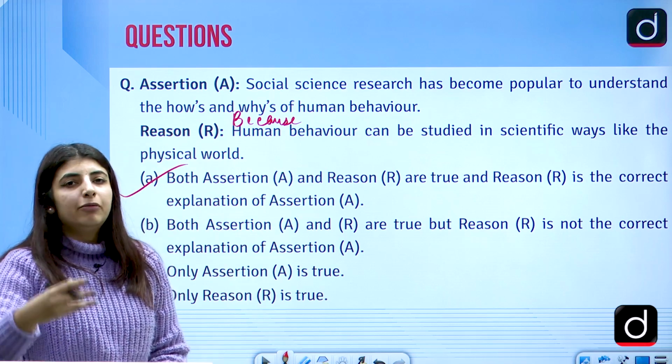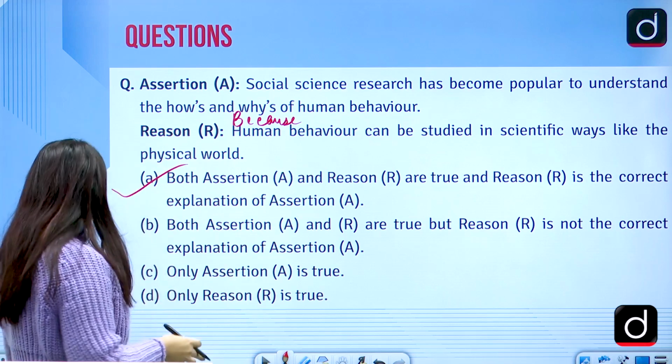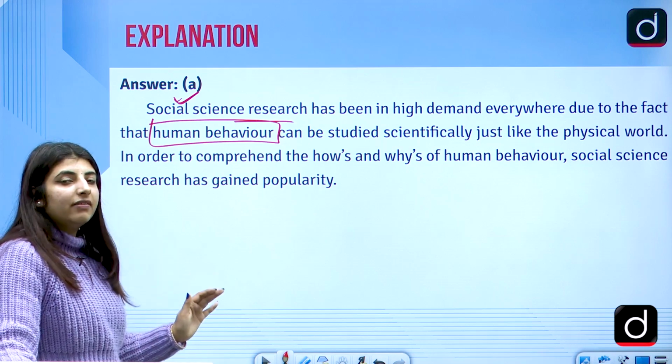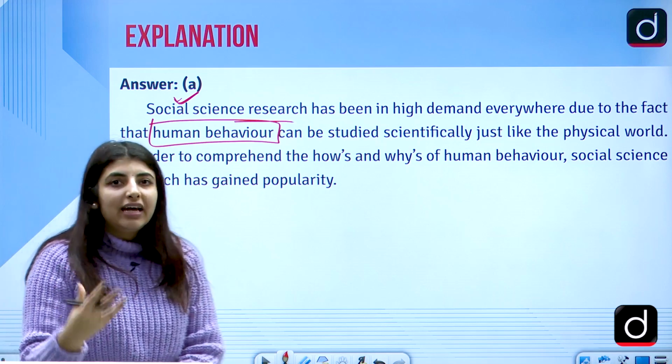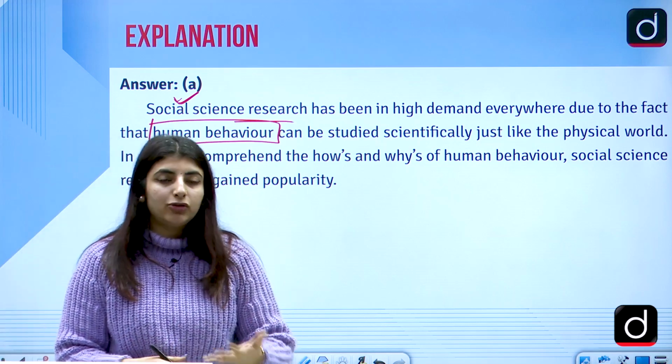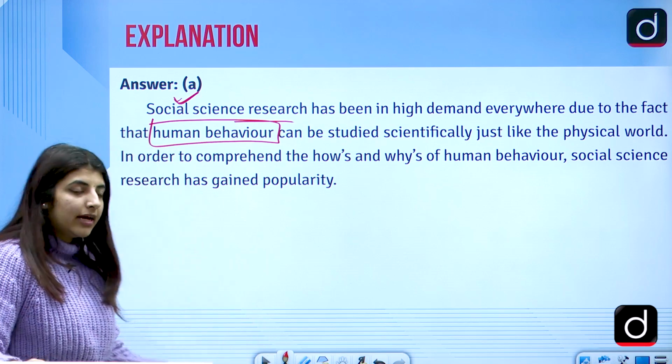Let's just take the example of psychology. Even if it is a social science field, you can analyze that a person is being anxious. You can analyze a person is being depressed through the usage of certain scientific methods, correct?